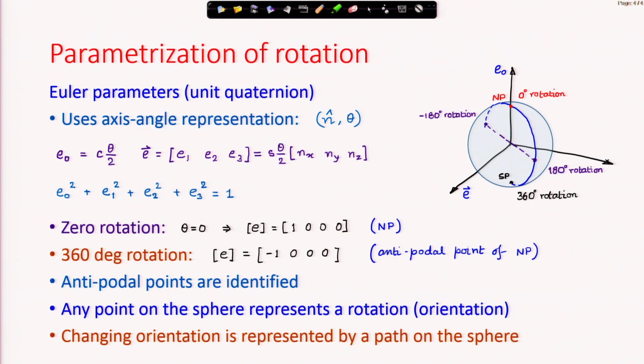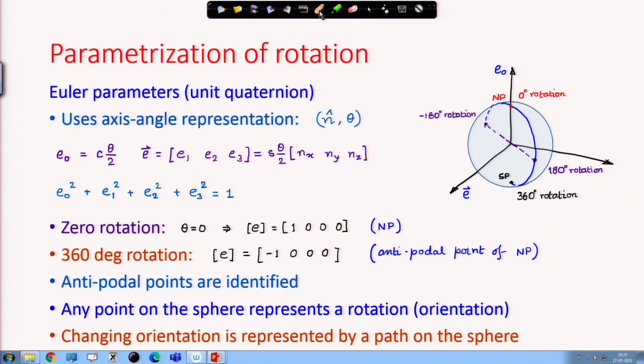Changing orientation would mean that there is a motion of this point on the sphere. As the orientation changes, the point on the sphere must be moving, and therefore, between two orientations or two rotation matrices, you can think of a path joining these two orientations. For example, from the identity matrix to this orientation, there can be multiple paths.